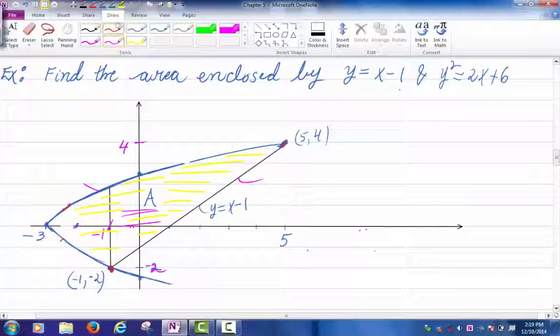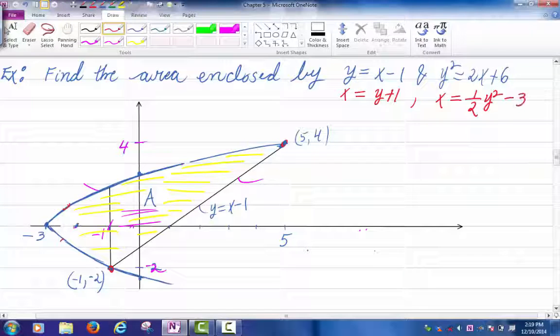Here's one thing I'm going to do: I'm going to solve for x here. x would be y plus 1. And here I'm going to also solve for x. So what would be x? It would be half y squared minus 3. Am I right?